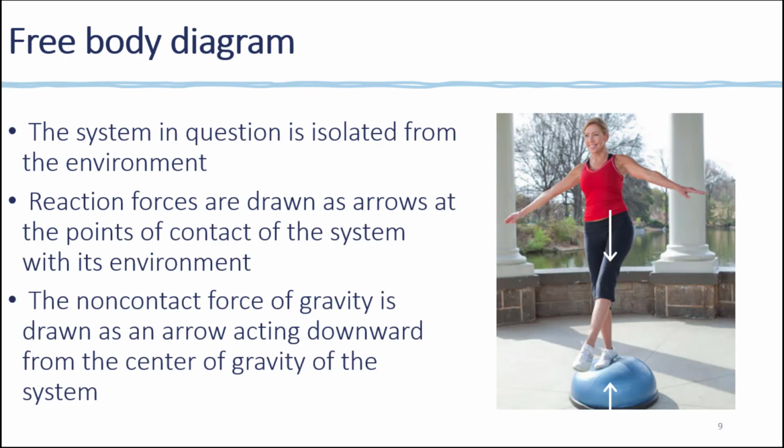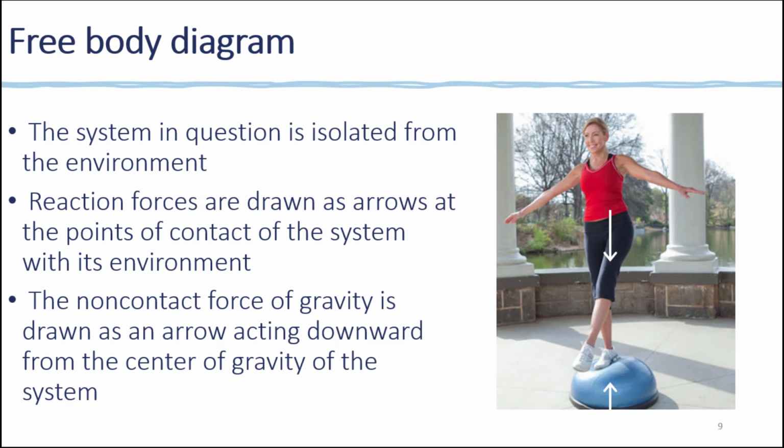Just to recap, to draw a free body diagram of any situation, first, the system in question is isolated from its environment, and then the reaction forces are drawn as arrows at the points of contact of the system with the environment. The non-contact force of gravity is also drawn as an arrow acting downwards from the center of gravity of the system.